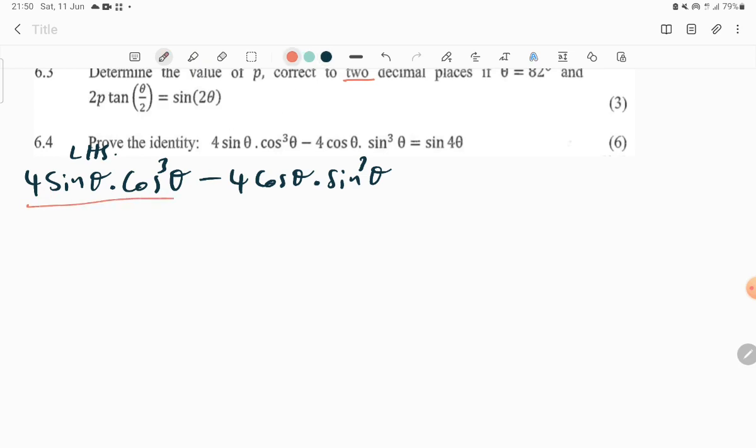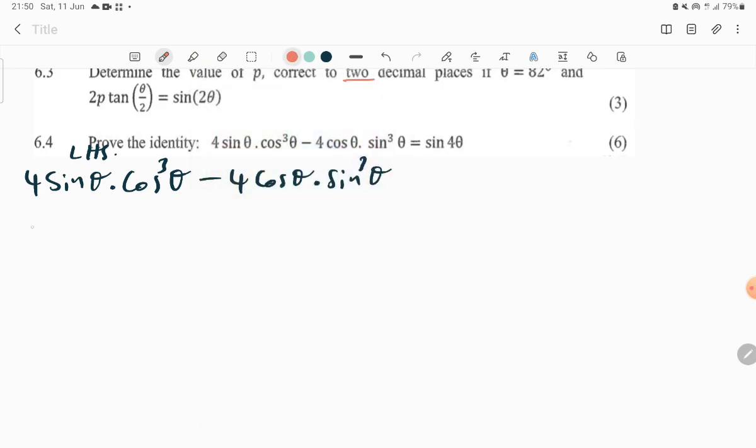What do you notice? I notice that in these 2 terms 4 is common, and what else is common? Sine is also common. Then what else is common? We have cos, and cos is common. So probably everything else is going to be common, and then we see what remains behind. So taking the common factor, let me just use this one.